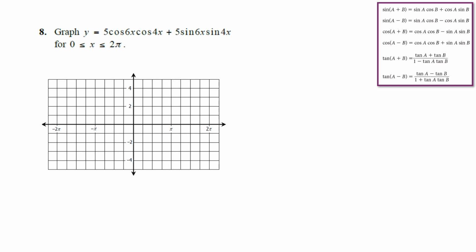All right, so let's take this equation and simplify the right-hand side. Both terms are being multiplied by 5. So the first thing that I would do in trying to simplify this expression is to factor out a 5.